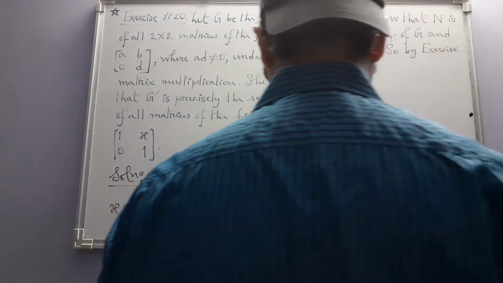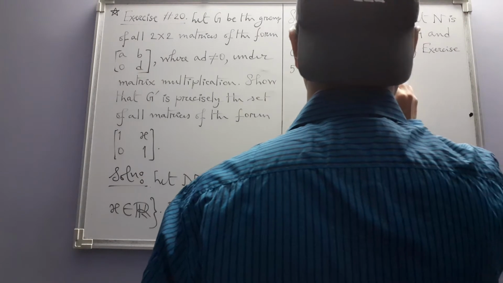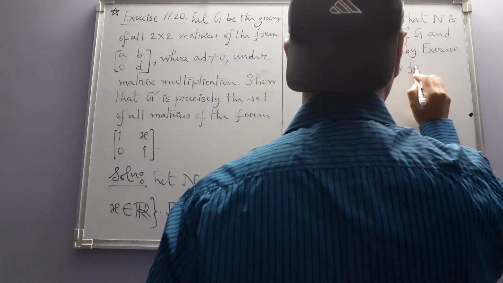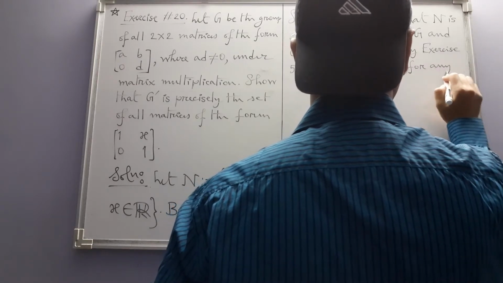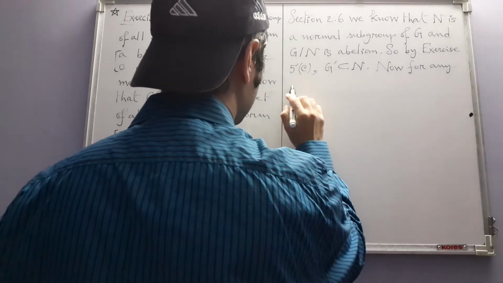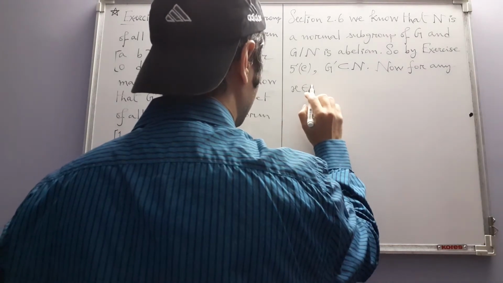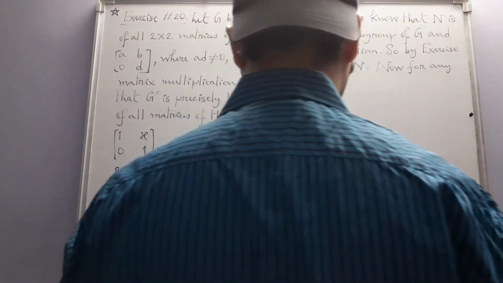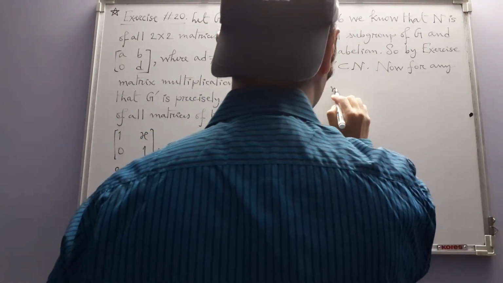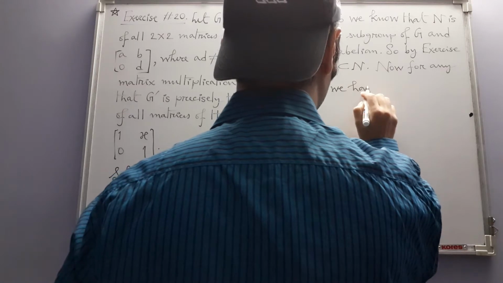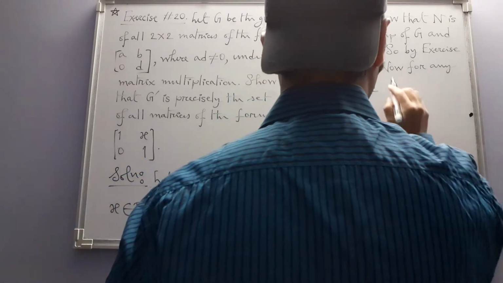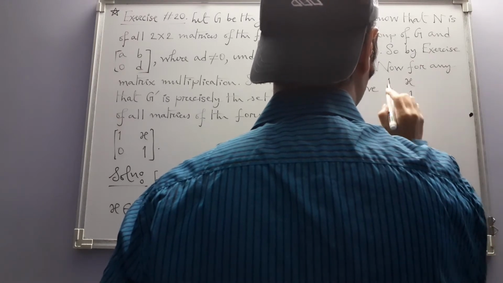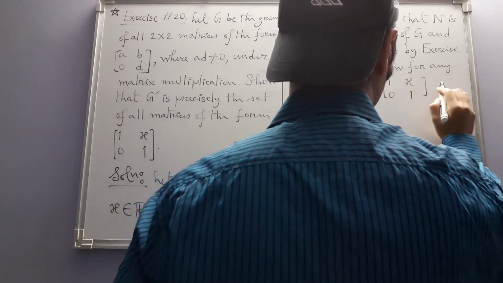So for that, now for any X belonging to R, any real number X, we have this element, the matrix [1 x; 0 1].